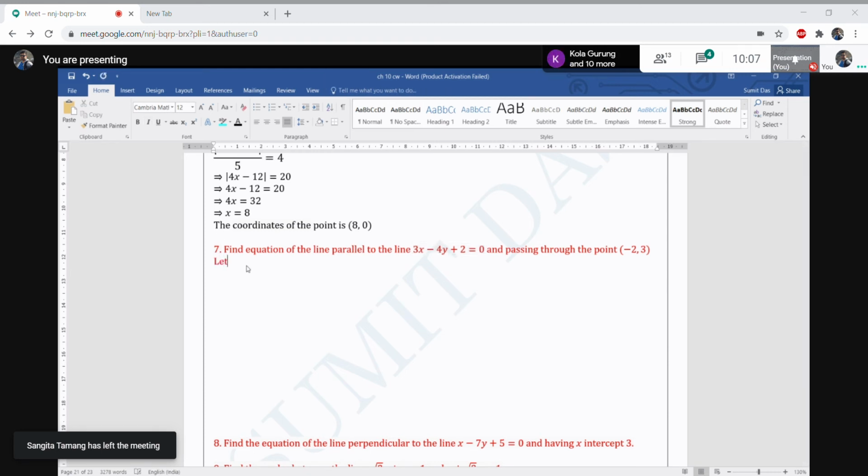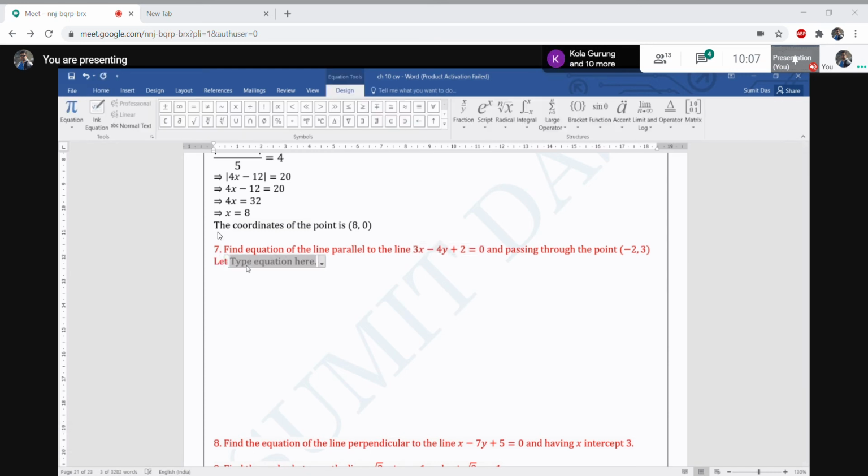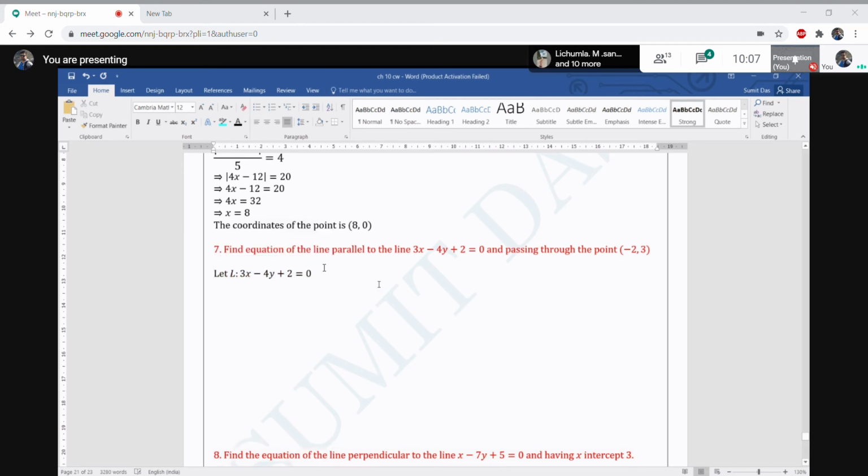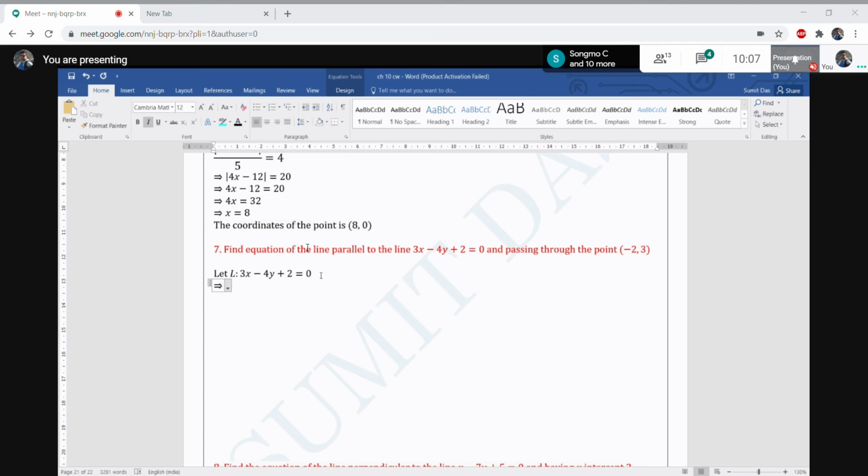Let this be L. When I'm writing this, I'm naming this line as L. Then from this one, if you simplify for y, you will get 4y equal to 3x plus 2.